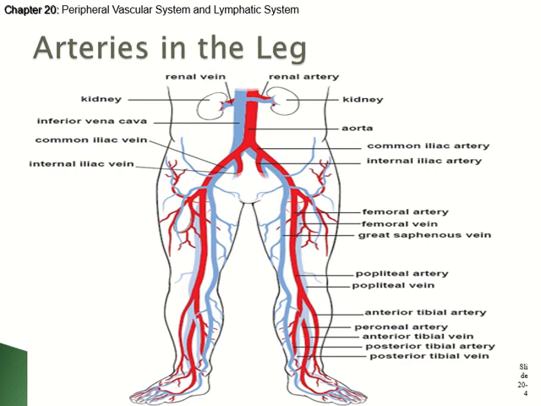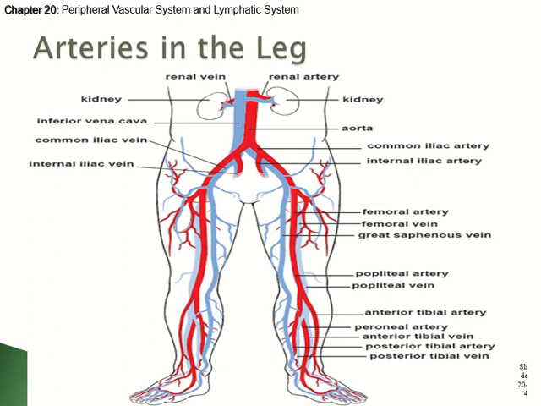The popliteal artery, which is palpated behind the knee, once it passes through that location, will bifurcate into the anterior tibial artery and the posterior tibial artery. That's where you're going to find the dorsalis pedis pulse and the posterior tibial. The dorsalis pedis will be found on the dorsum, or the top of the foot, and the posterior tibial, posterior meaning behind, is going to be palpated behind the ankle bone or the medial malleolus.